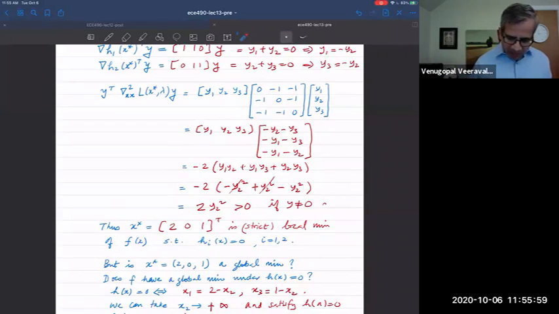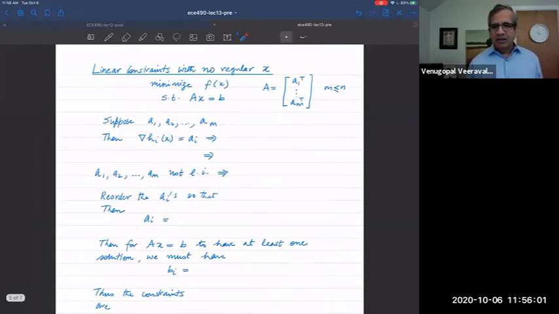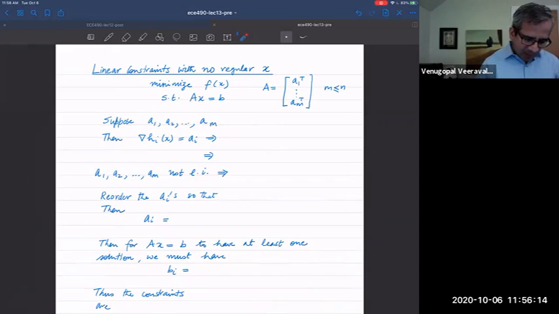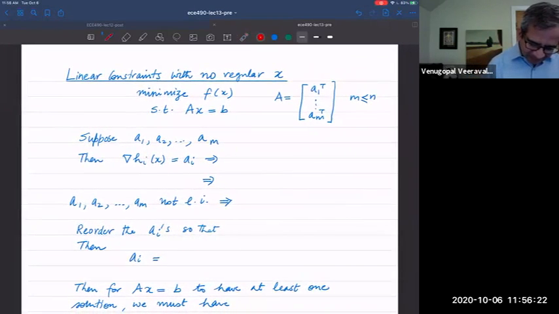Let's do another case. Let's consider the case where we have linear constraints, but there is no regular x. This is the case where the A1 through AM, the rows of this matrix, are not linearly independent. They're linearly dependent, basically.